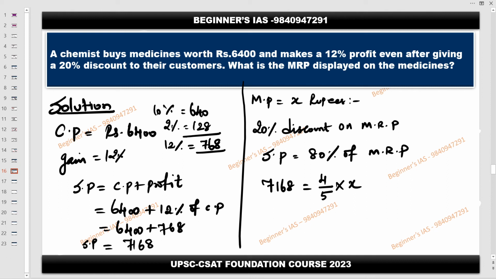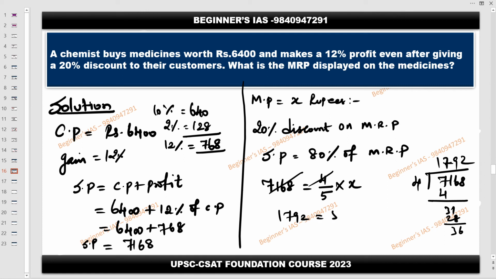If you want, you can cancel this also. 4 table: 4 ones are 4, 4 times 7 is 28, and so on. Cancelling, I will get 1792 equal to X by 5. Then obviously X is going to be 1792 into 5. Then what would be X?